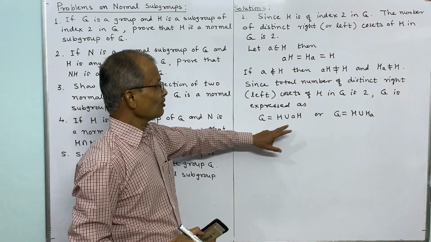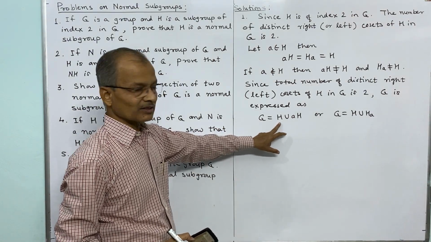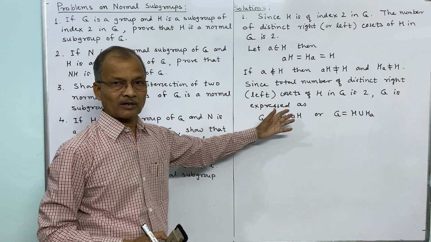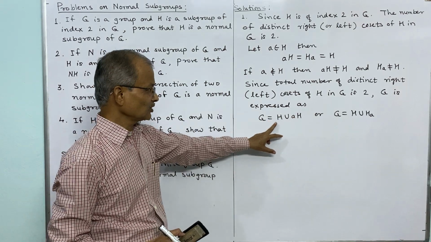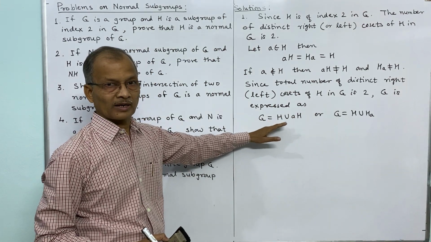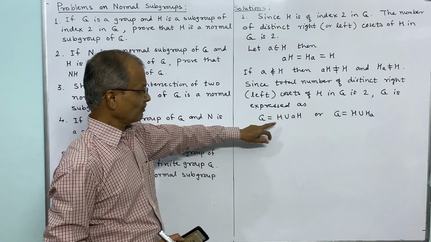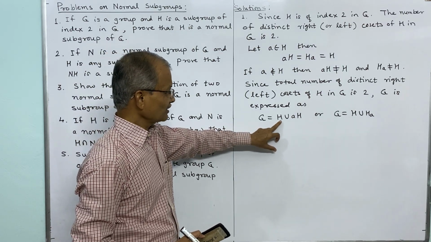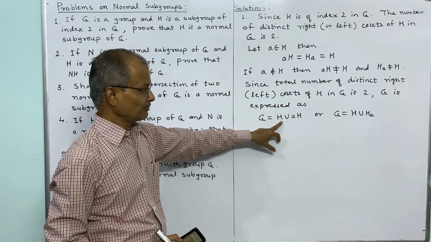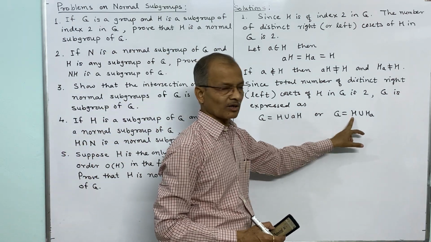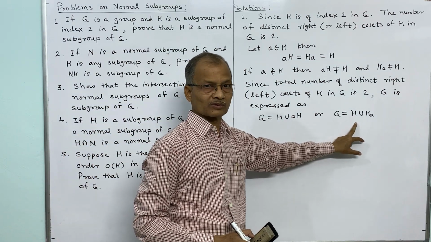So we consider two cosets, left coset. H can be considered as left and right as well, because we have H is equal to eH, where e is the identity element, and therefore G can be written as union of these two left cosets, or G can be written as union of these two right cosets.